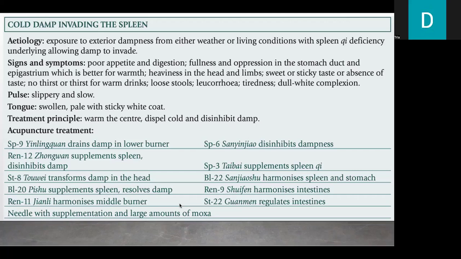For acupuncture treatment, we can use Spleen 9, which drains damp in the lower burner, Ren 12, supplements spleen and disinhibits damp, Stomach 8, transforms damp in the head, Bladder 20, supplements spleen, resolves damp, Ren 11, harmonizes the middle burner, Spleen 6, disinhibits dampness, Spleen 3, supplements spleen qi, Bladder 22, harmonizes spleen and stomach, Ren 9, harmonizes intestines, and Stomach 22 regulates intestines.